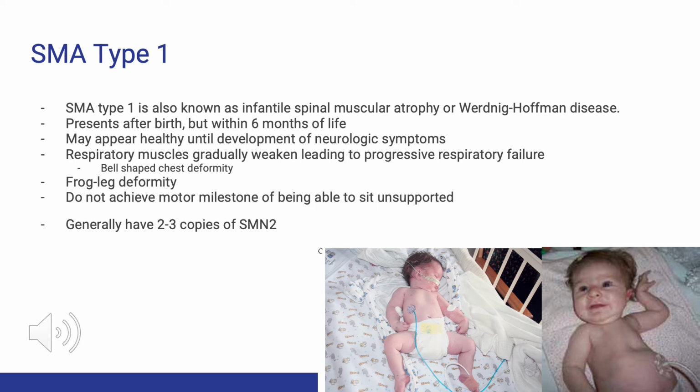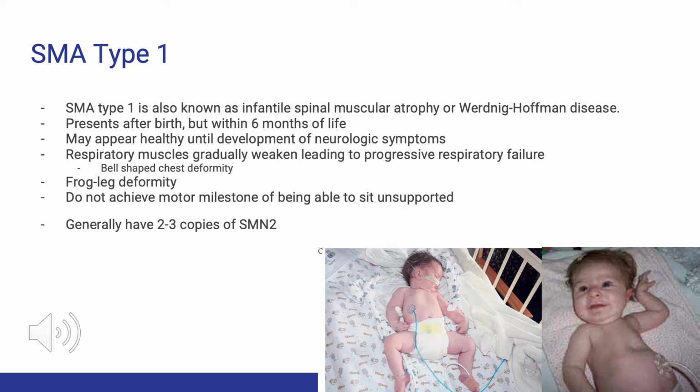And this leads to what you'll see in that bottom right photo, the bell-shaped chest deformity. Another common thing seen is the frog leg deformity, and that is the bottom left picture, and this is due to hypotonic leg weakness.